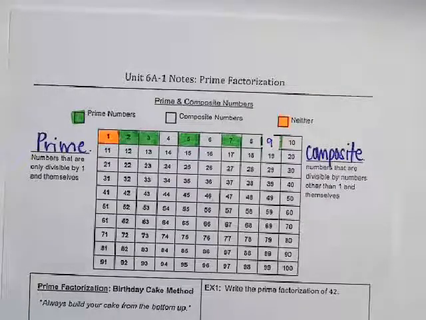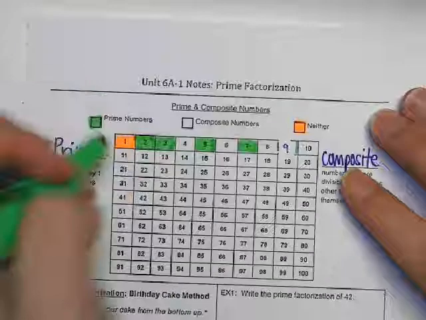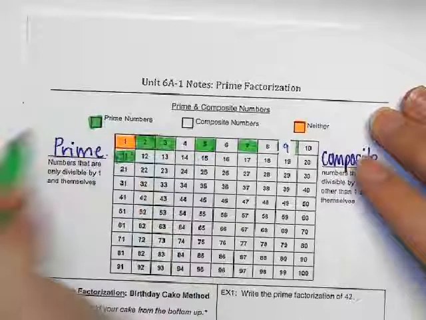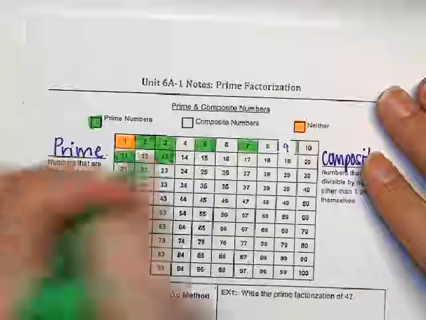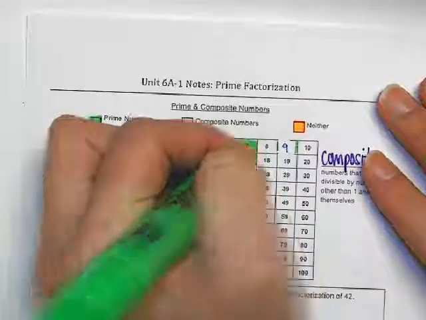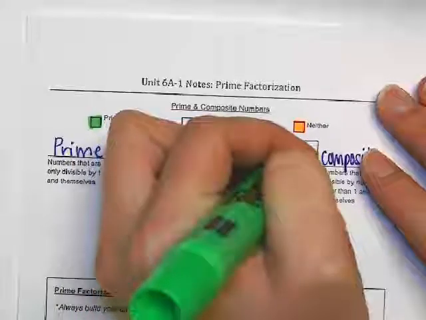All right. Now, second row. These are prime. Remember, we're highlighting prime: 11, 13, 17, 19. Are you sure about this one?